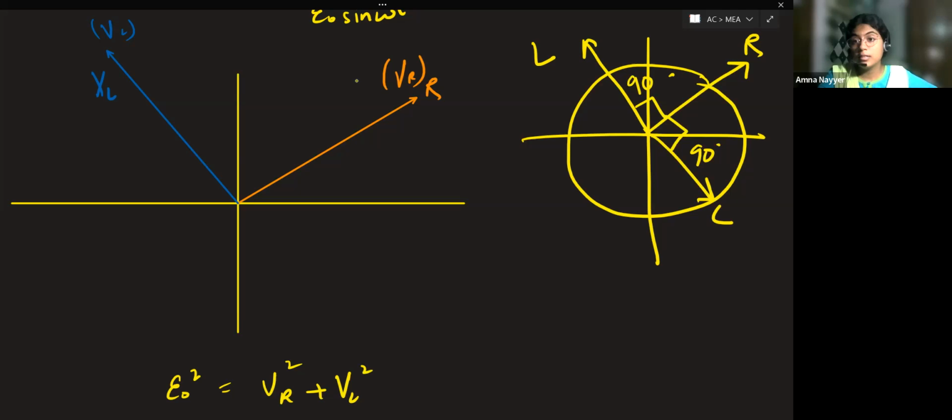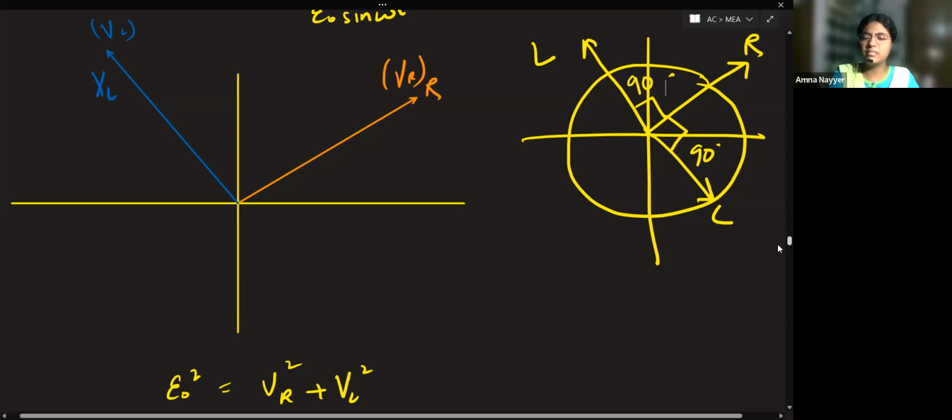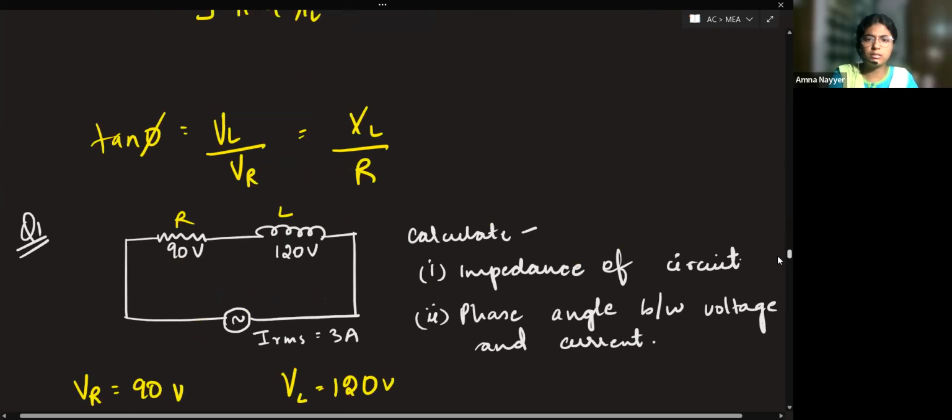We had a complete class on phasors and phasor diagrams, so attend that class, or I'll send you the video lecture if you require. Now only the inductor and resistor are there, so the capacitor part I have not drawn. Let's complete the question.